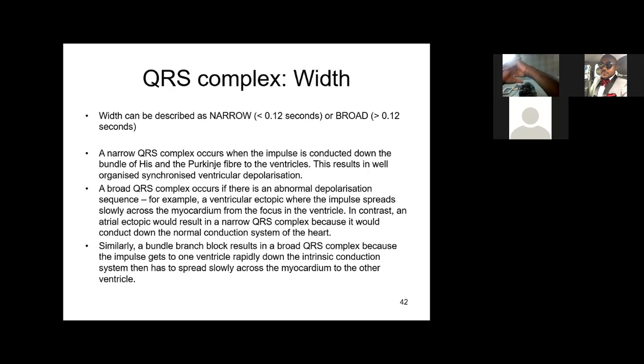If there's a blockage in one of these, let's say in the left bundle, the impulse spreads down the bundle of His, down the right bundle, goes around the ventricles and spreads around to the left ventricle, thus bypassing the block and also causing a broad QRS complex. I hope you understand.